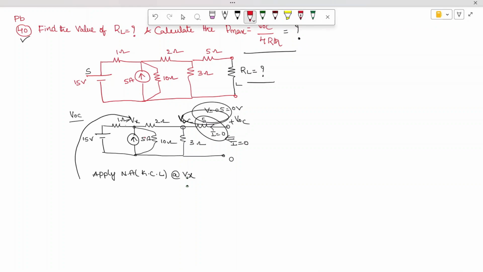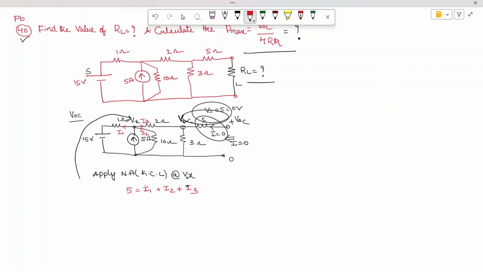Let us assume the current in this branch is I1, the current in this branch is I2, and the current in this branch is I3. You can see only the 5 amp source is entering, so the total entering current is 5. The leaving currents are I1, I2 and I3.